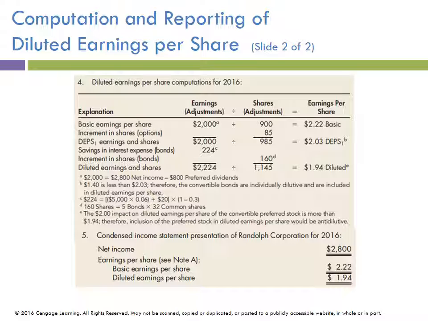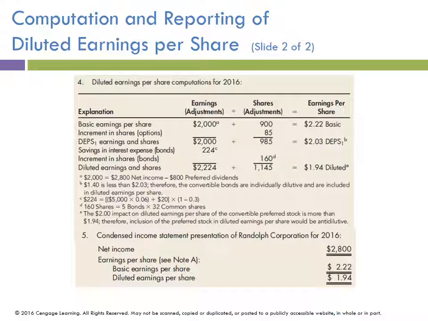They have nothing to do with net income or preferred dividends. We would just add the number of new incremental shares for the year of 85. So including those and pretending that they actually were converted into common stock would cause our earnings per share to decrease to $2.03.